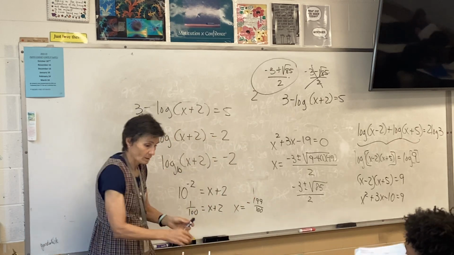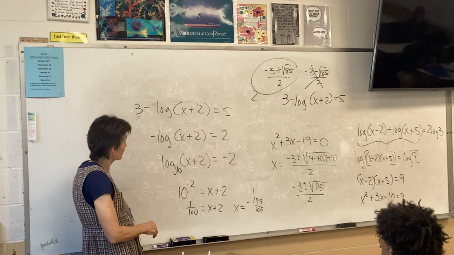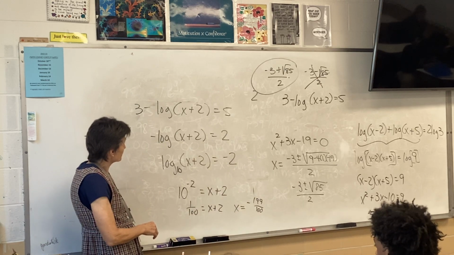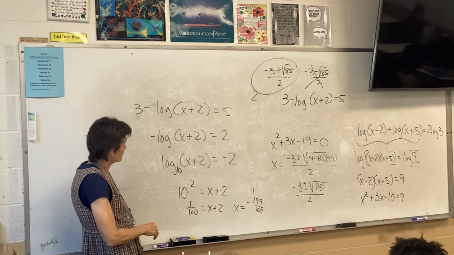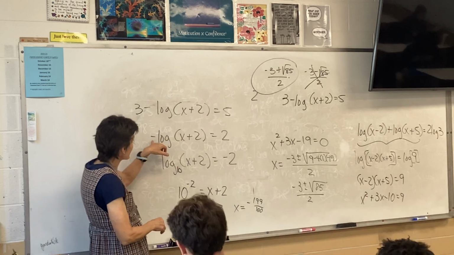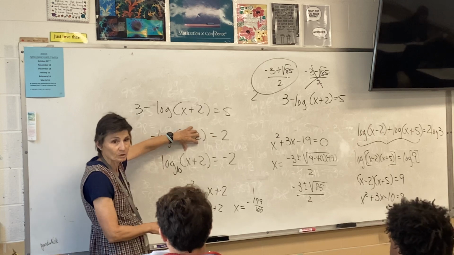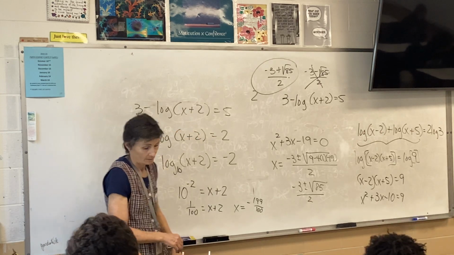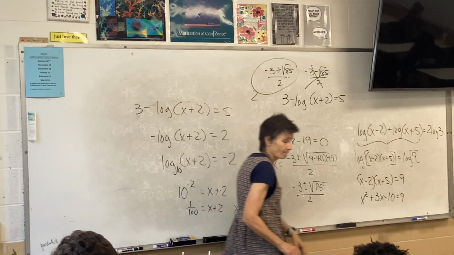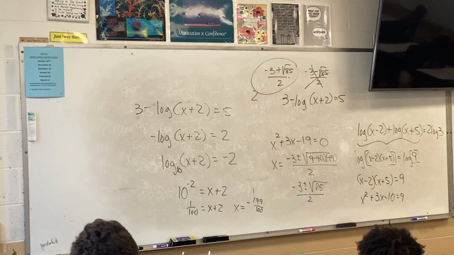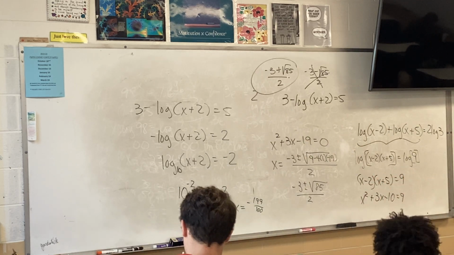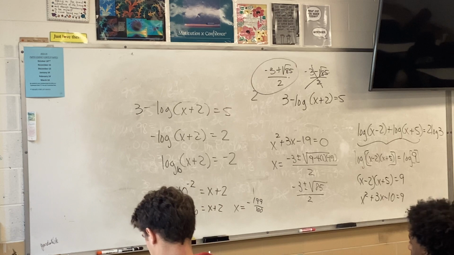If there's a negative in the log, does that make it worse because the answer is back to positive? No, because the negative in front of the log is an exponent. It has nothing to do with the log. All right. Good work.